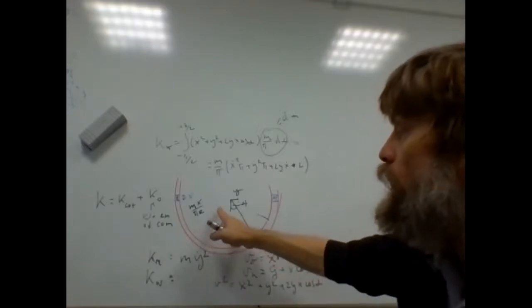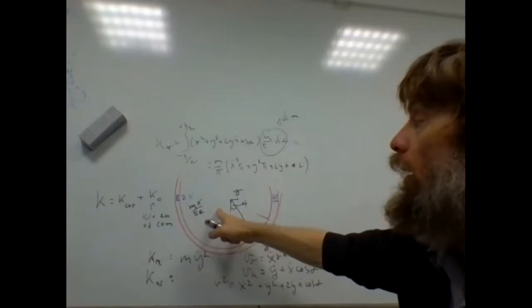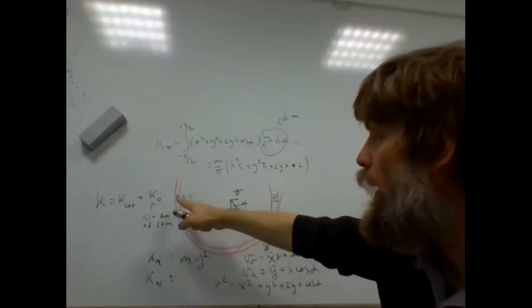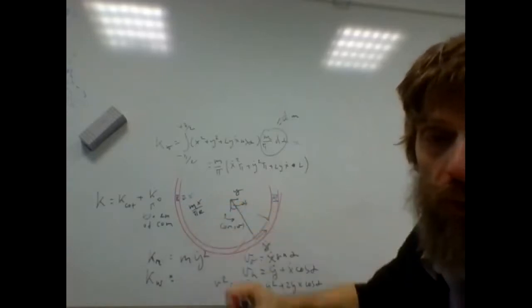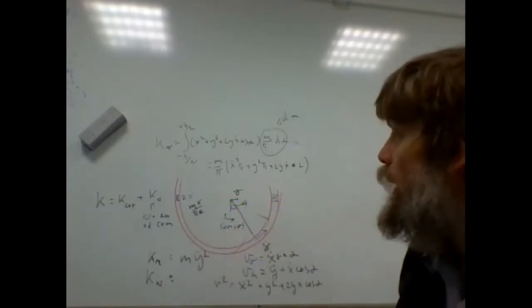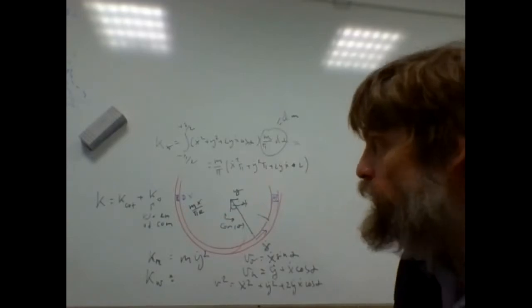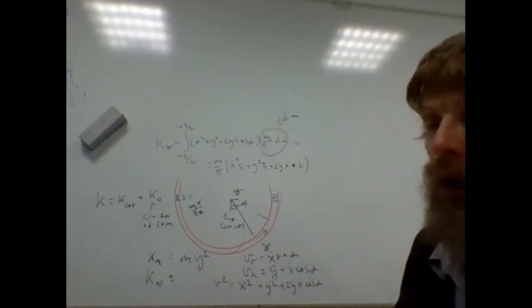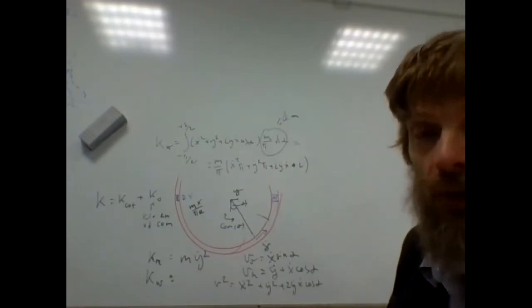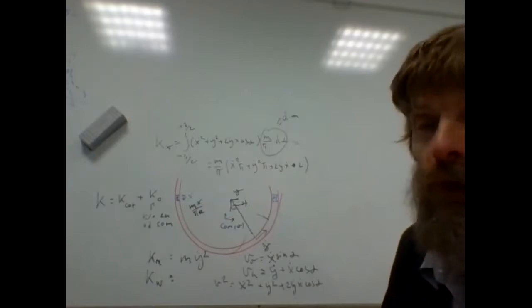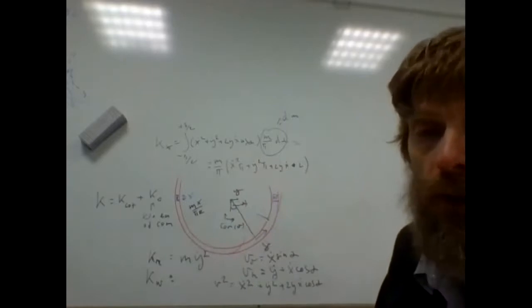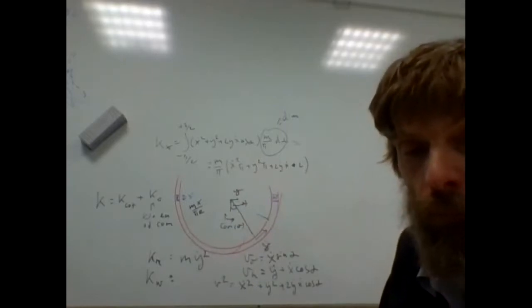The water level changes, and the center of mass moves from the center. It was at the center, it is no longer at the center. So finding the kinetic energy in the center of mass frame is not necessarily an easy task. It seems to me that it is easier to find it by integration in the lab frame.